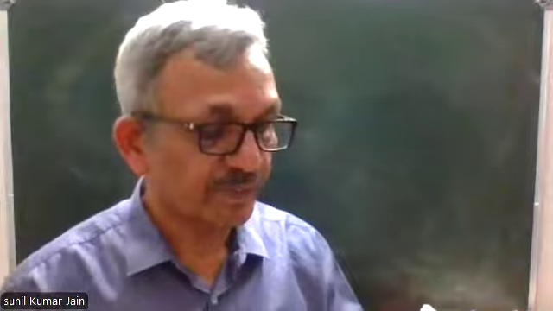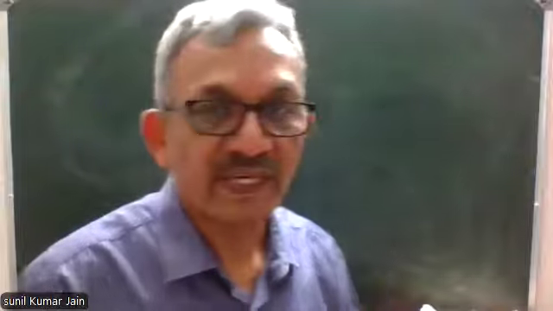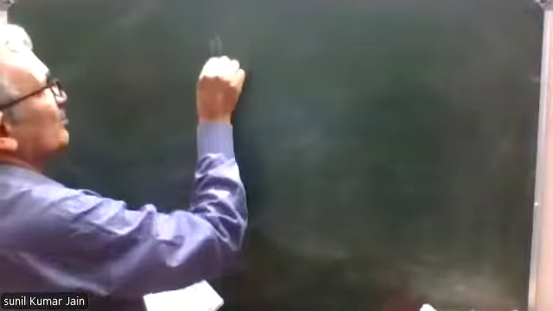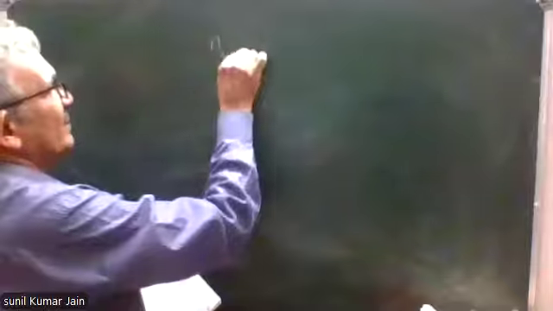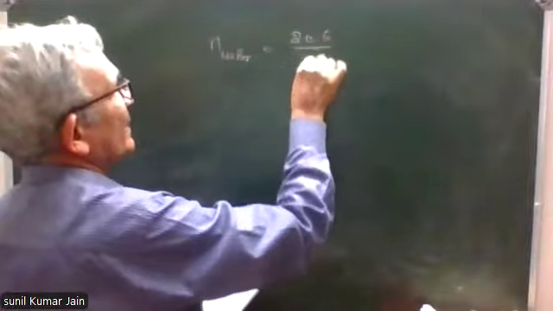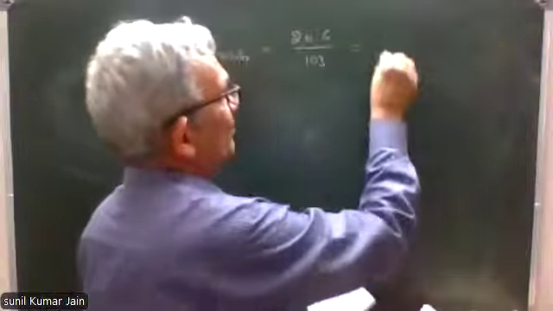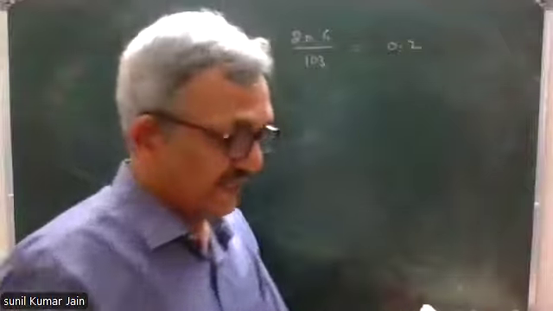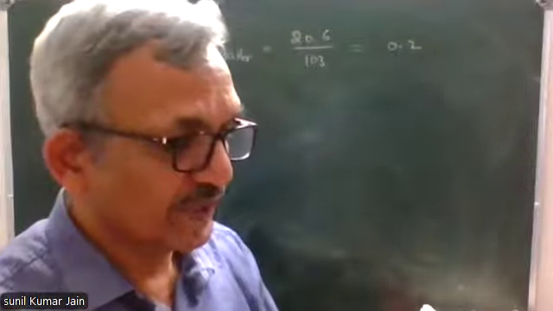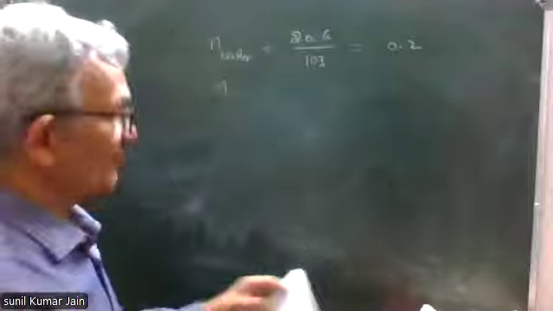So the numerical is: calculate lowering in vapor pressure of solvent in the solution containing 20.6 grams of sodium bromide. I'll calculate number of moles. Number of moles of NaBr will be 20.6 divided by molecular weight 103. So number of moles will be 0.2. Then 14.2 grams of sodium sulfate.